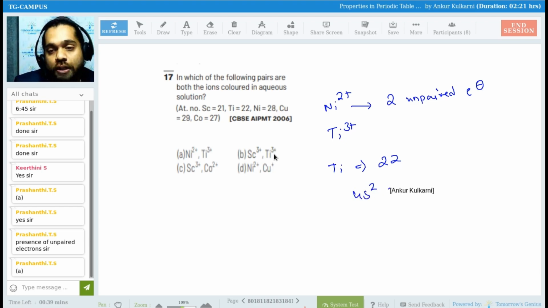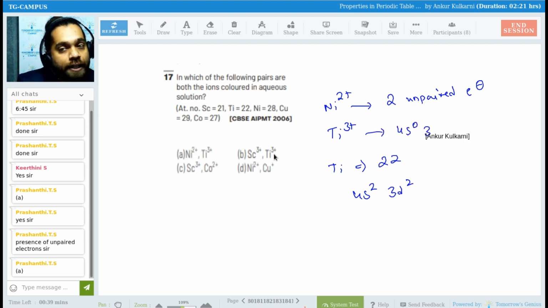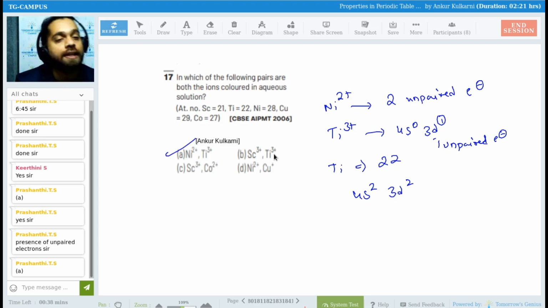It is 4s2, 3d2. So if it is plus 3, it is 4s0, 3d1. So we have 1 unpaired electron. That's why the answer is this.